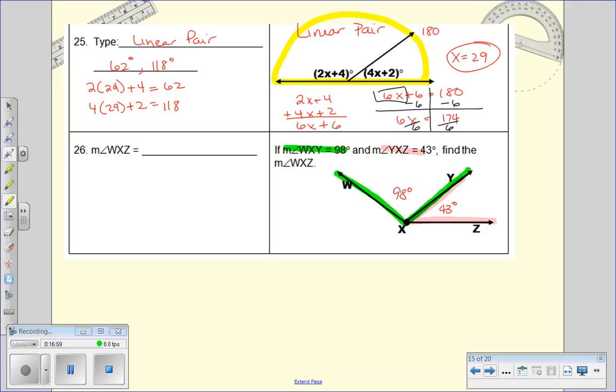We want to find out what is WXZ. So that means start at W, go to X, end at Z. Notice that is the whole entire angle. So we can add the two together. 98 plus 43. And that'll give us an angle measurement of 141 degrees.